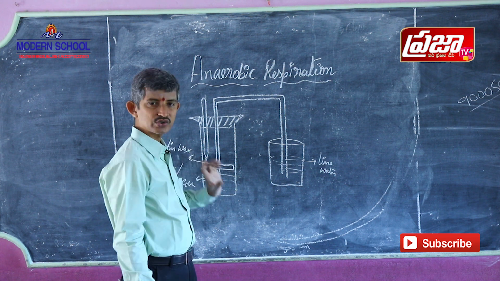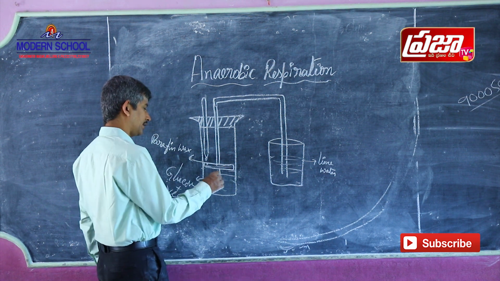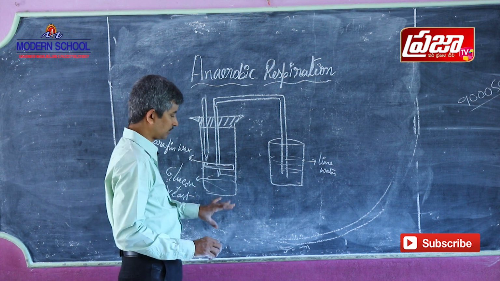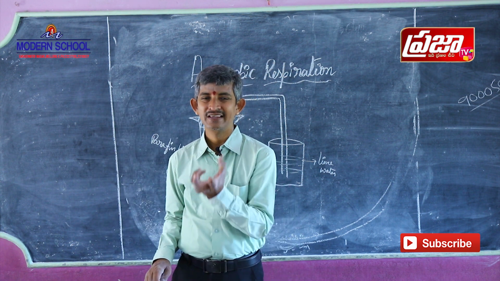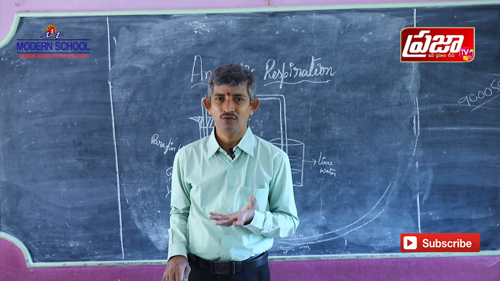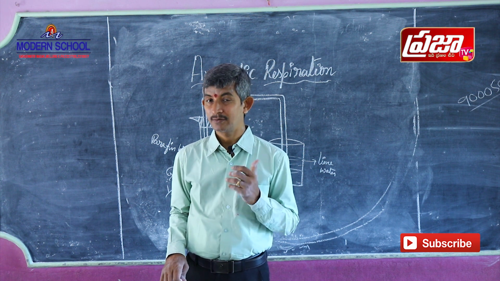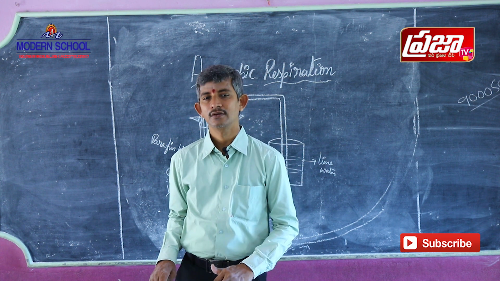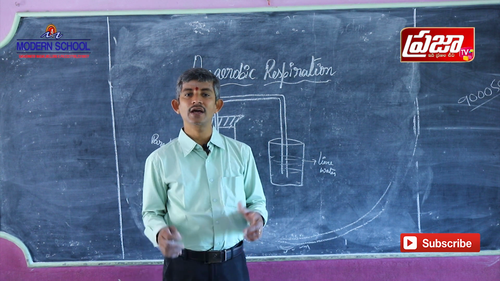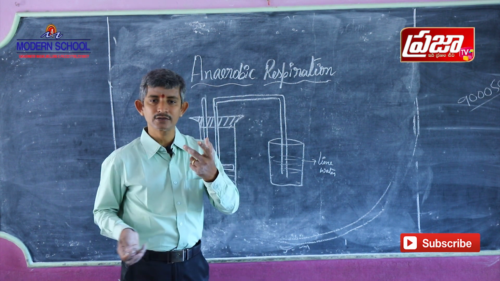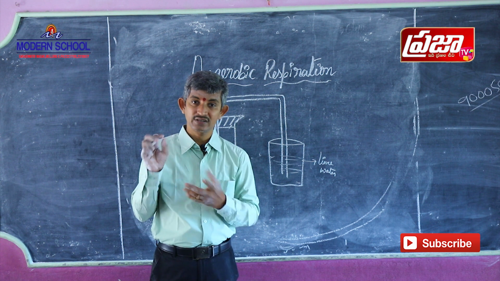Take a glucose solution, and first you want to boil the glucose water. Why, sir? Because the water also contains oxygen. Respiration with oxygen is called aerobic, but we are doing anaerobic, so you want to remove the oxygen. That is the purpose here.